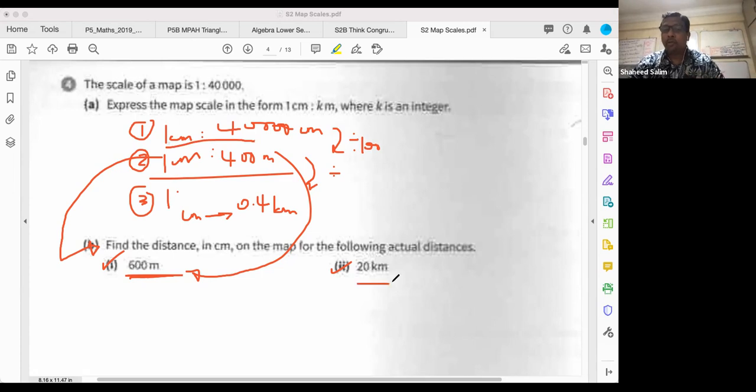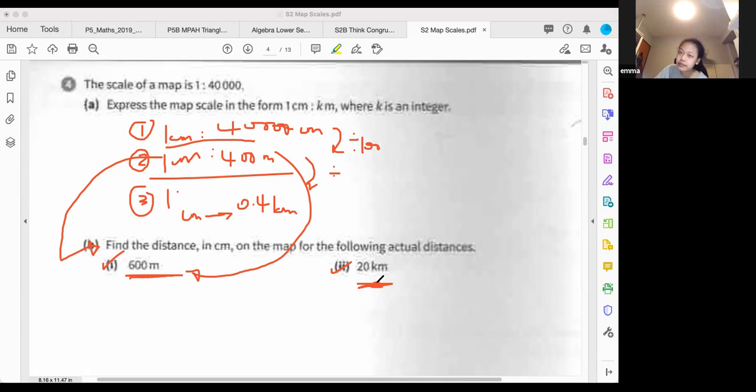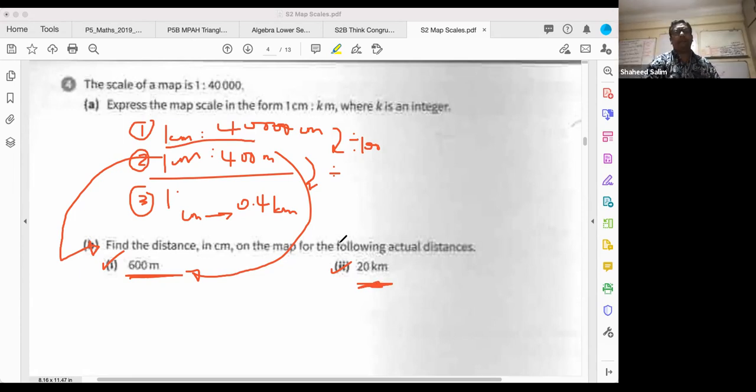So down here now, which one are you going to use? 1, 2, 3. 3, good. 50 cm. You are clear, right?